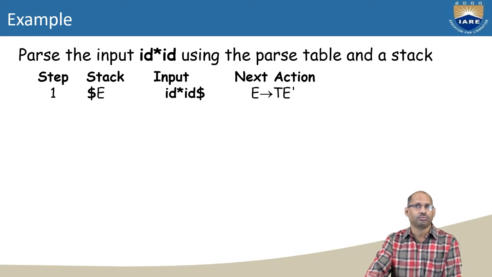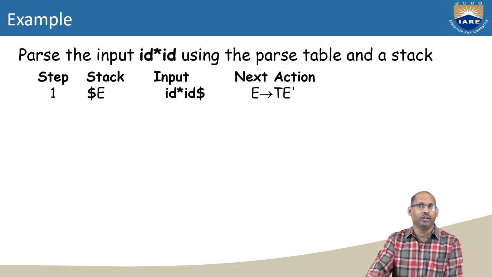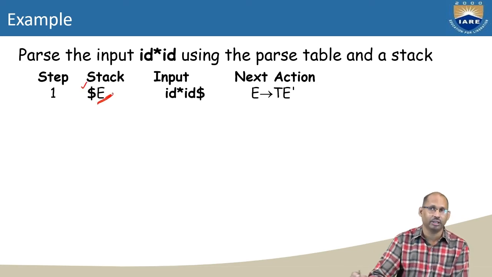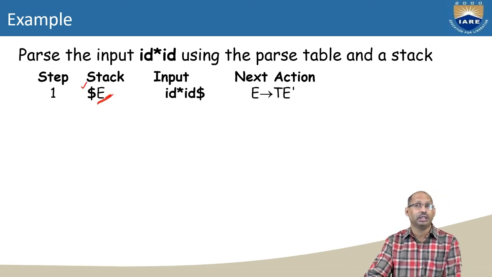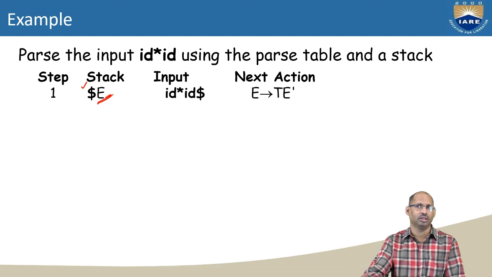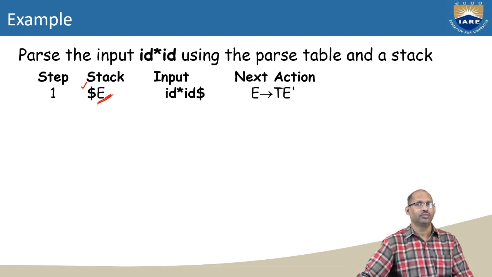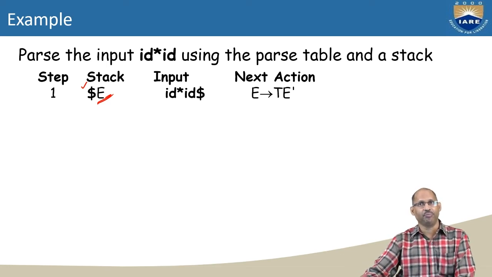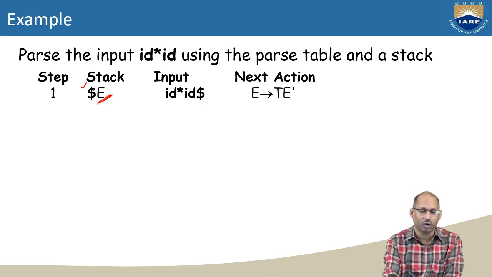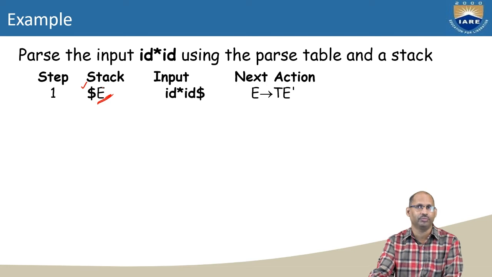Now, the first step, the stack with $ sign and E. The root, the starting variable, will be written in the stack, right? So here, in the first step, we consider our stack symbols, $ sign and the starting variable.